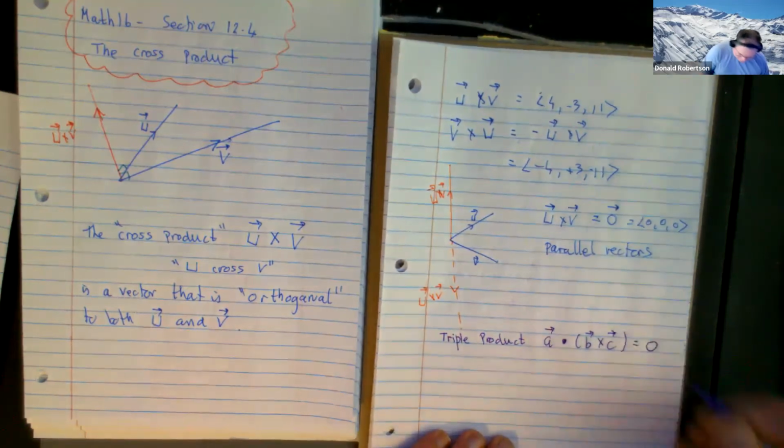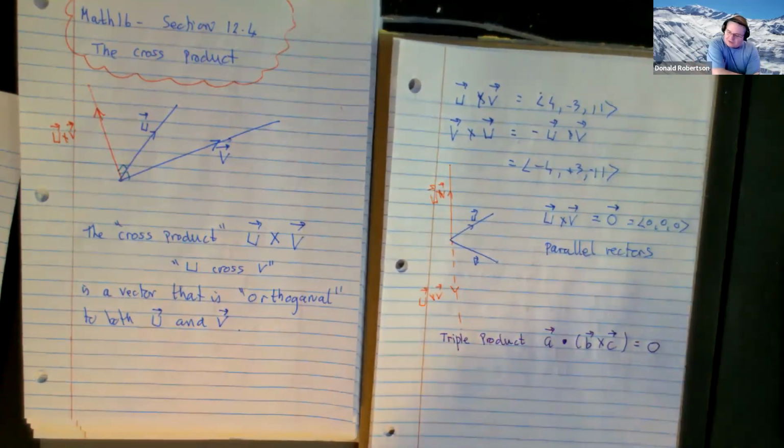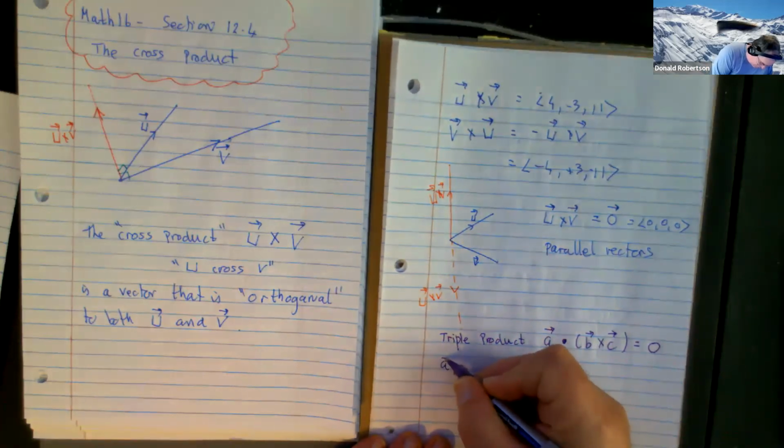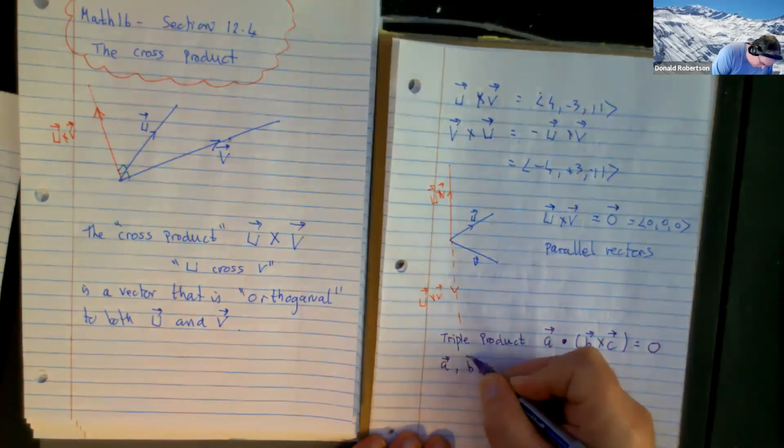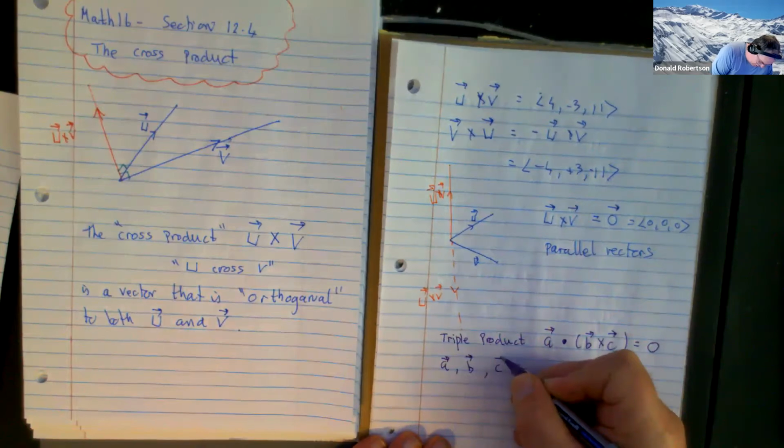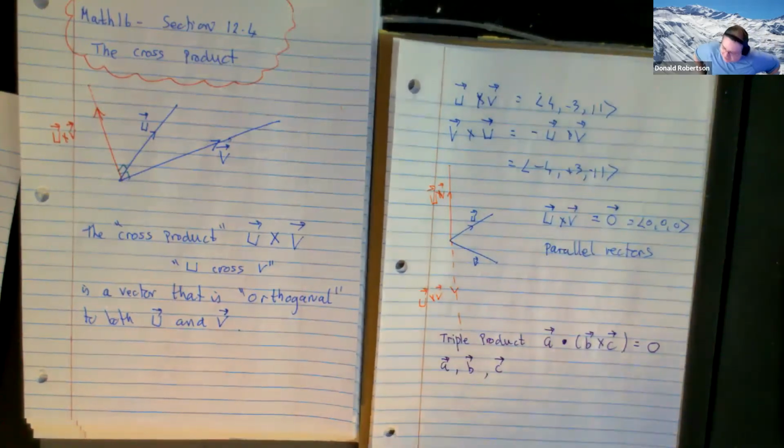Now, here is some interesting property. Most of the time it's not true, but sometimes it's 0. Sometimes the triple product is the number 0. And not the 0 vector, but the number 0. Anybody got any ideas what that is telling me about the 3 vectors A, B, and C?